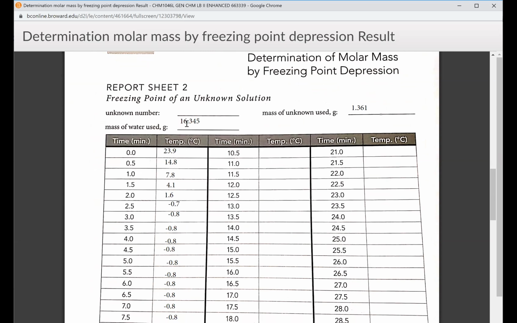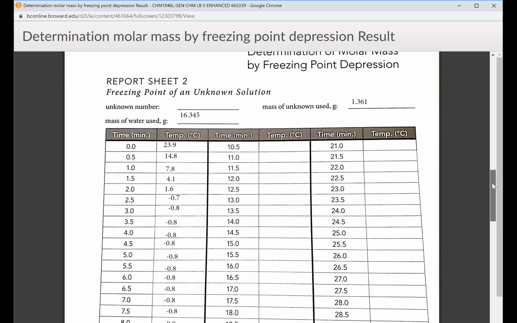The mass of the unknown used is 1.361, and the mass of water used is 16.345. Both of these numbers are important and used in the calculations to find the molar mass of the solute, which is an unknown that we can determine afterwards.